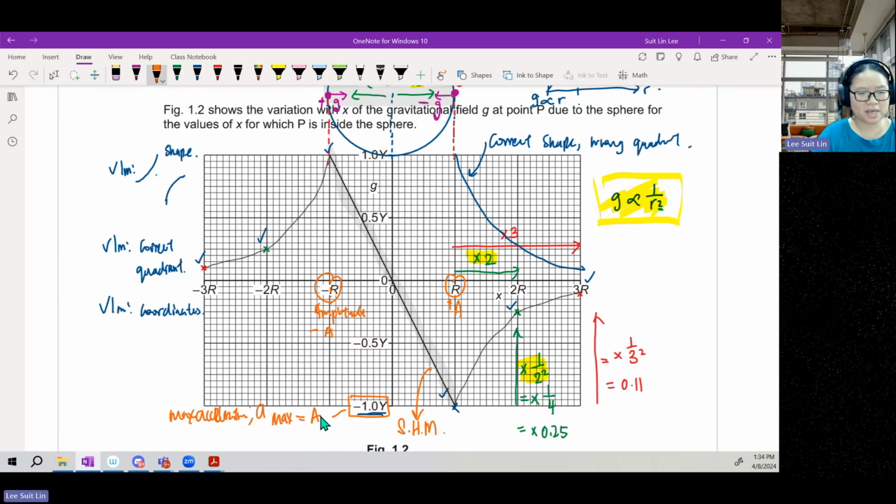So A max is A omega square. We can use this value here to calculate omega. And then after that, you unlock all your simple harmonic motion equations.